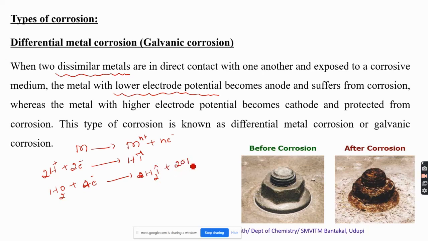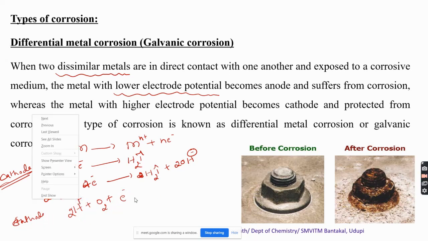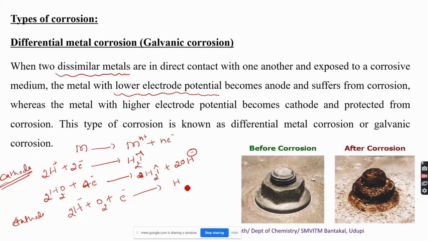The reaction may take place by the absorption of oxygen or by the liberation of hydrogen. This is a possible cathode reaction when it takes place by the liberation of hydrogen. This is the possible cathode reaction in the presence of oxygen: O2 plus electrons gives H2O.